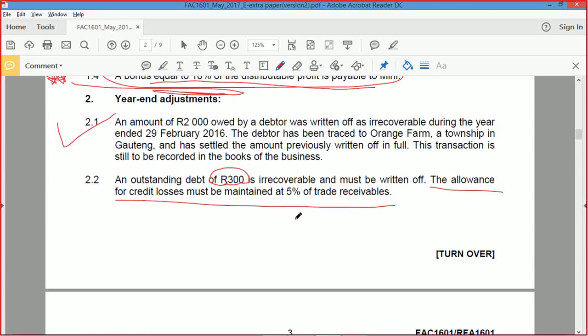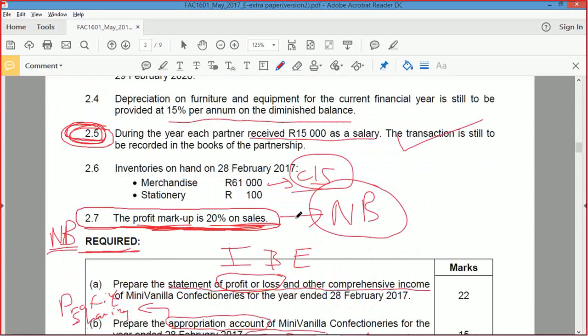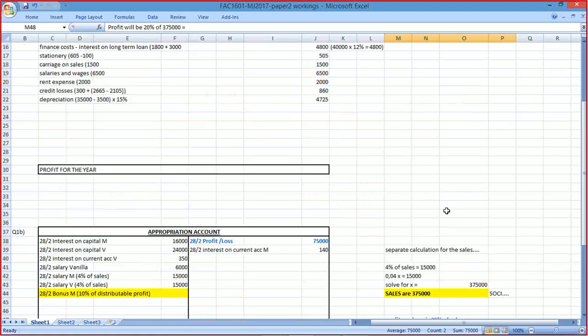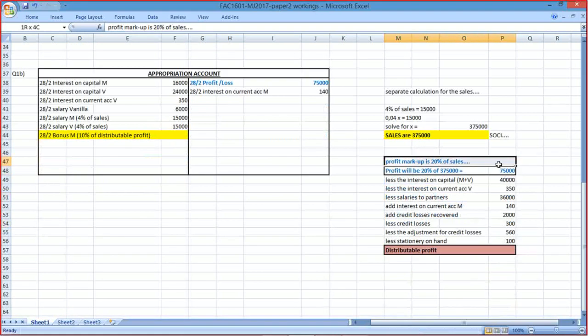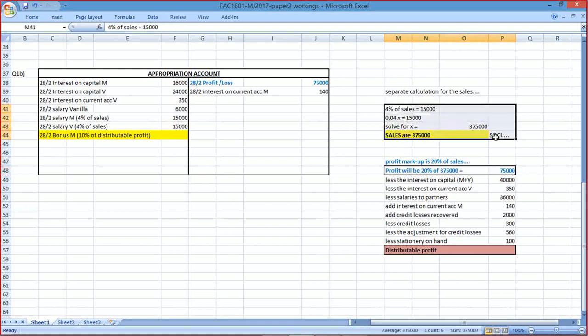So looking at this then, there are probably going to be other sales line items that you have to consider, because they said the profit markup is 20% on sales. Because if it's 20% on sales, it means it's 20% on what it was, which is what the sales were. So we should calculate that correctly.